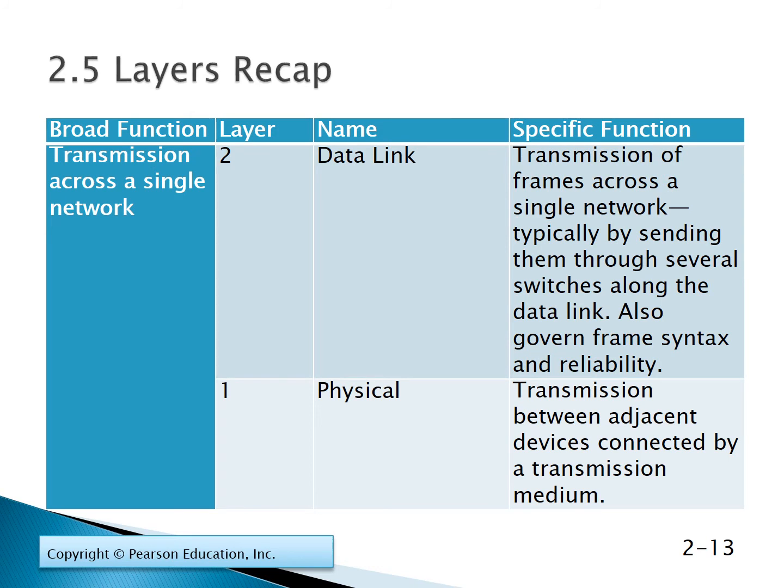Layer 2 is the data link layer. It is about the transmission of frames across a single network. As we said, data link is just about one single network, usually by sending the frames through several switches along the data link. Of course it also governs the frame syntax and reliability at this layer.